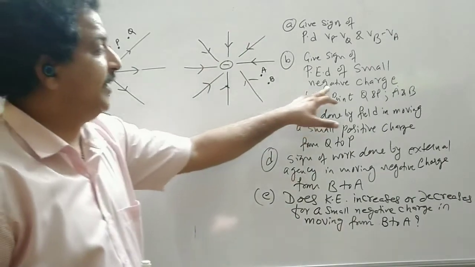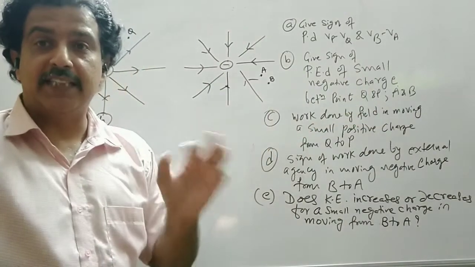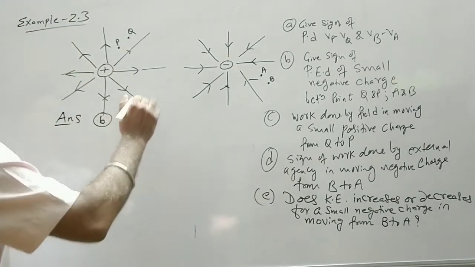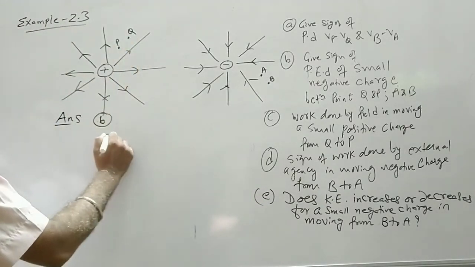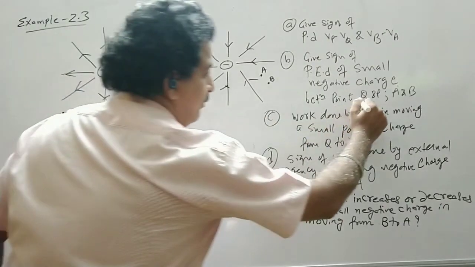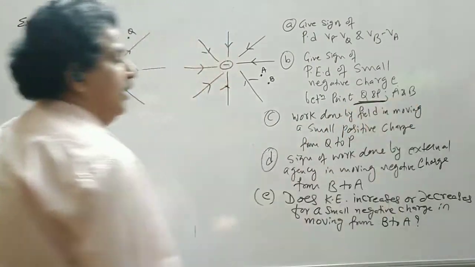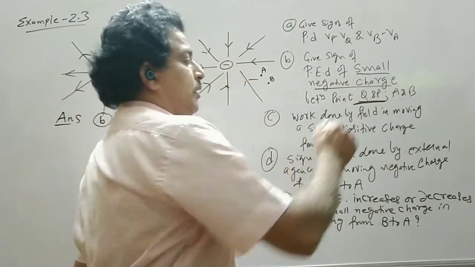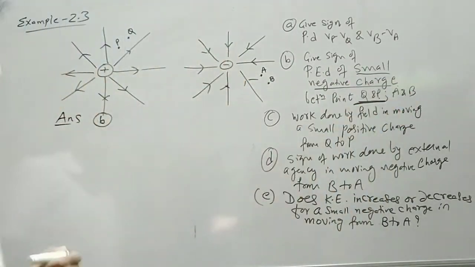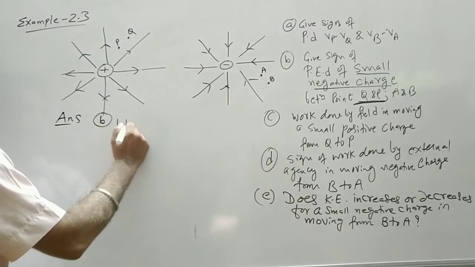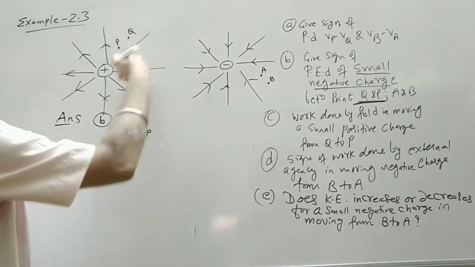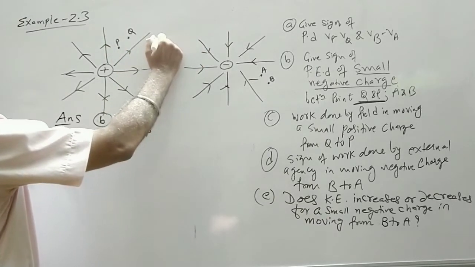For negative charge, your test charge is negative. So in this case you will find the potential energy difference of a small negative charge between P and Q, that is the U of minus charge at Q minus U at P, for all these situations.